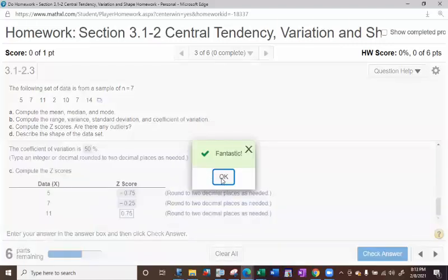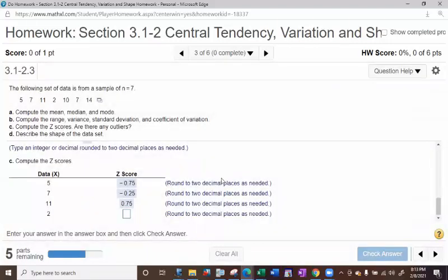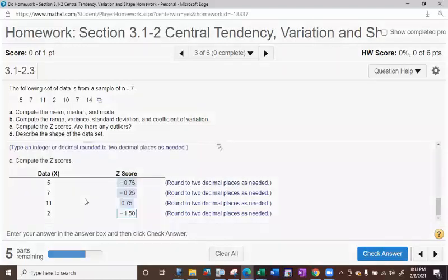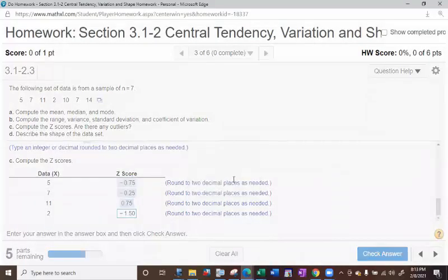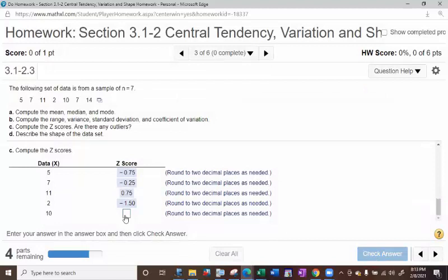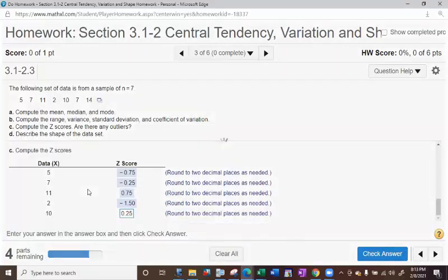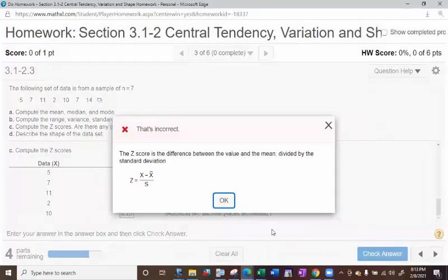Look at us go. -1.5. I don't know if I have to put the 0 there or not. Probably not for the 0 at the end, but 0.25. Wait, did I copy that wrong?